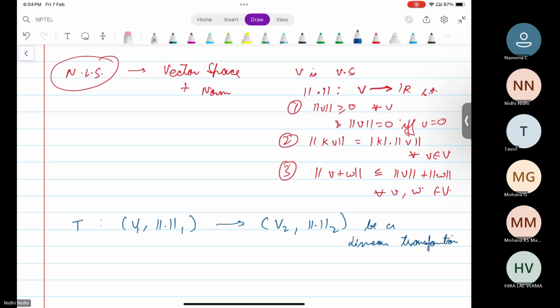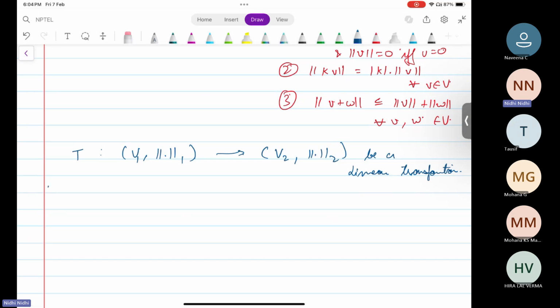Then we say it is a bounded linear function or transformation if it is continuous as well.